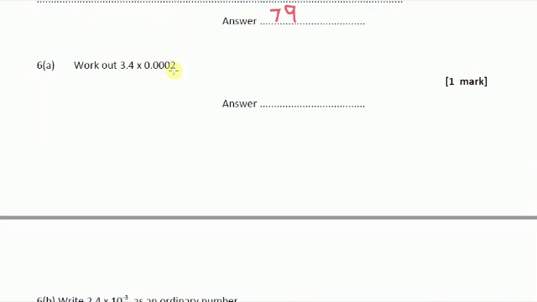Number 6, part A. Could do this by working in standard form, perhaps. That might be straightforward. We've got 3.4 times 0.0002. The point moved from 2 is moved 4 places, so it's 2 times 10 to the negative 4, because the point is moved to the left.